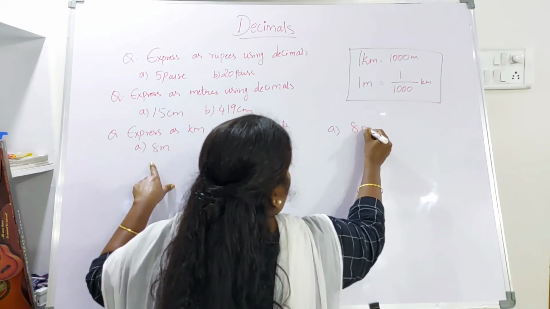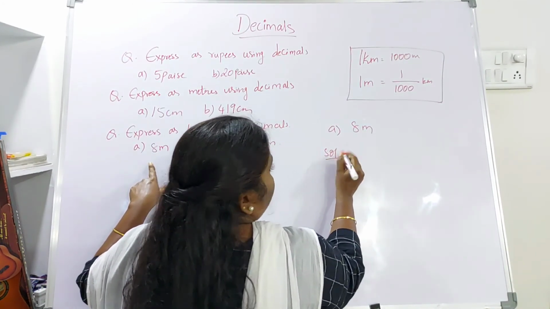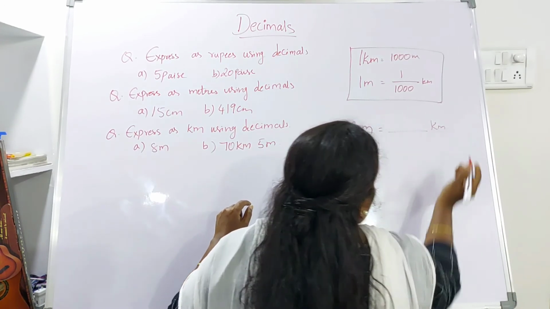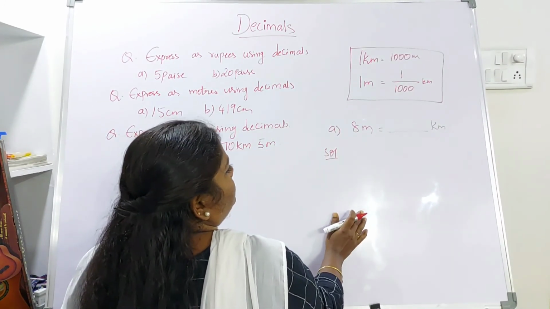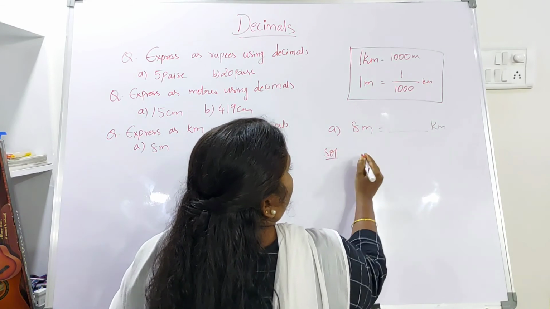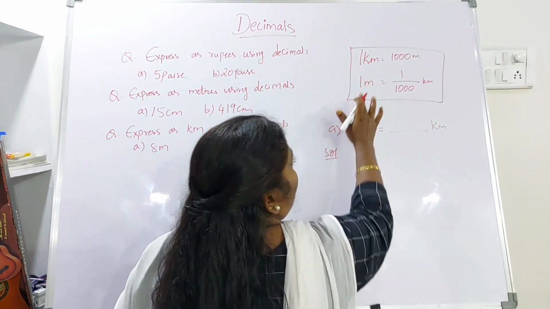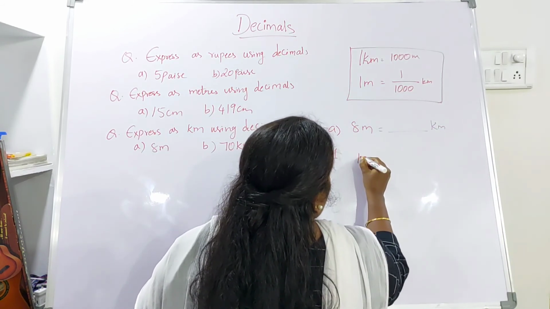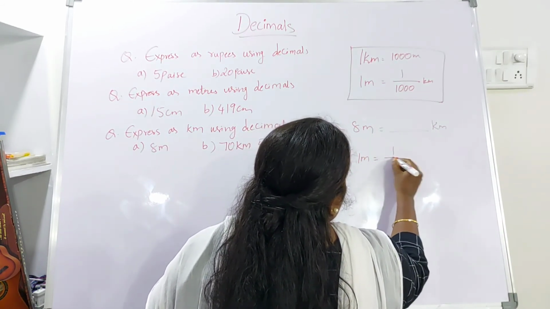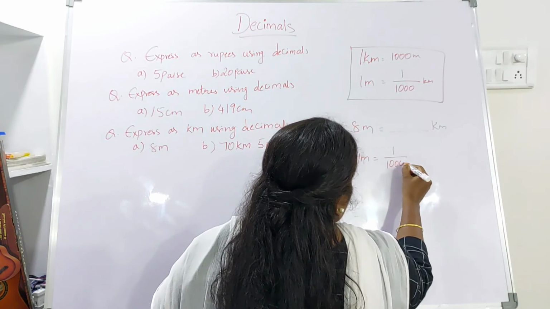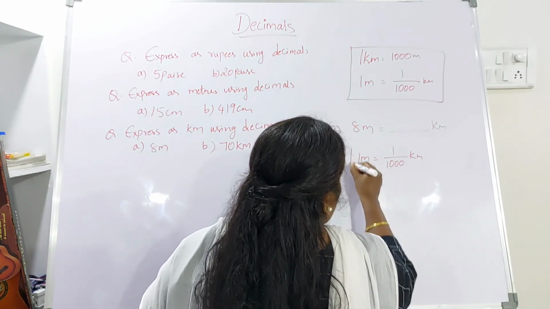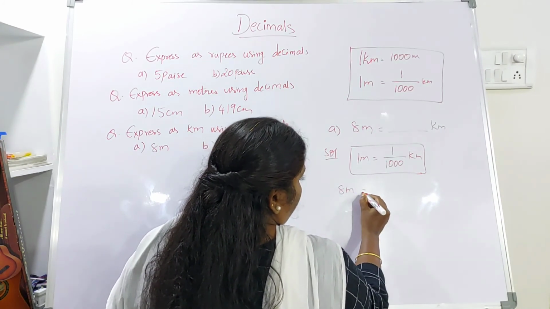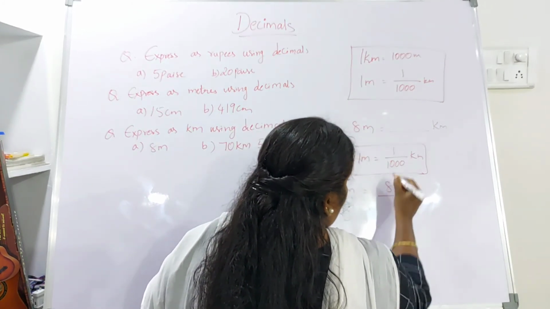Yes, so let me explain the first one. 8 meters. Now we need to convert this into kilometer. So express this in kilometer. Now what you have to do? You have to just find out which is the formula you have to use. We have to convert meter to kilometer. So 1 meter is equal to 1 by 1000 kilometer. So 8 meters is equal to 8 by 1000.